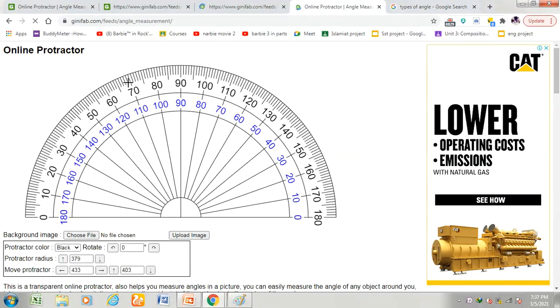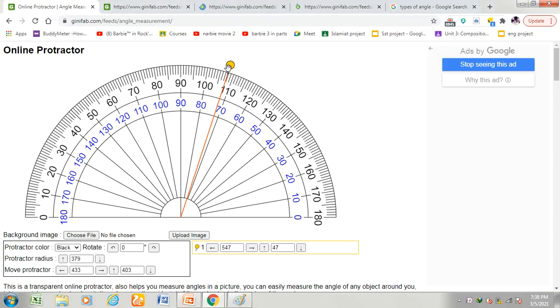So here we come. These are the parts greater than 90 and these are smaller than 90.